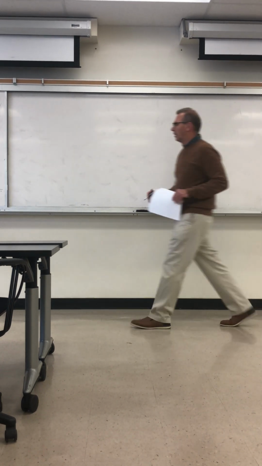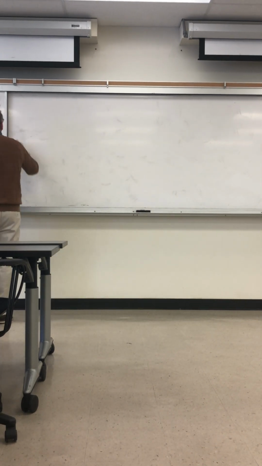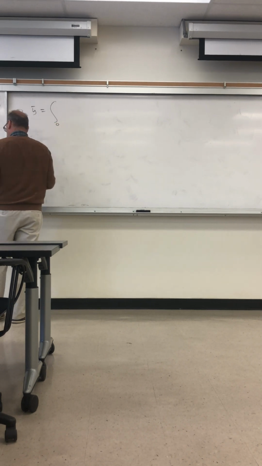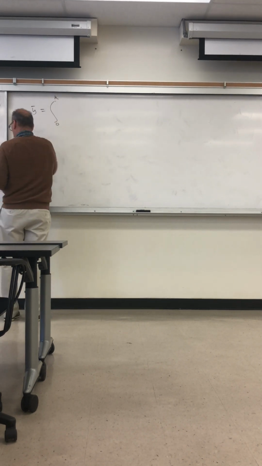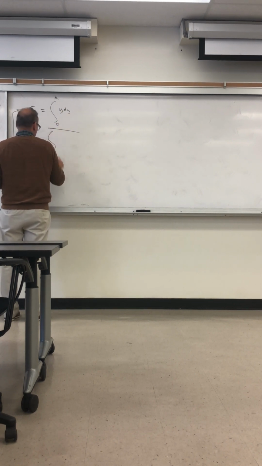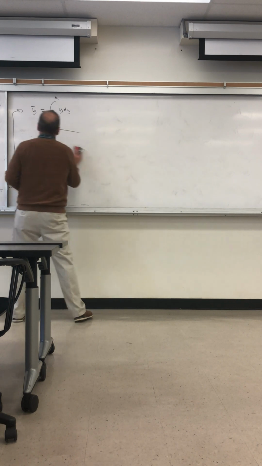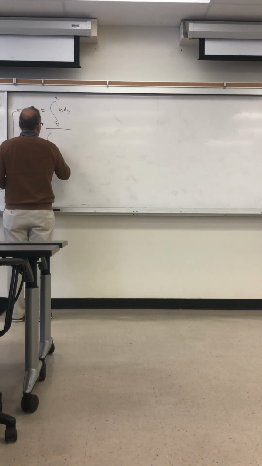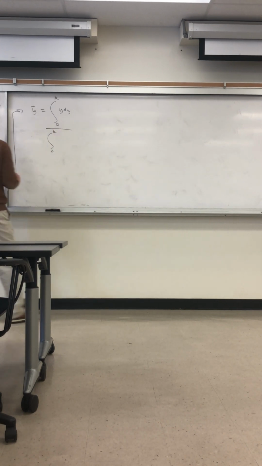Continue on this next board. You can see b cancels in this case. So I have y bar equals the integral from 0 to h of y dy over the integral from 0 to h of dy.